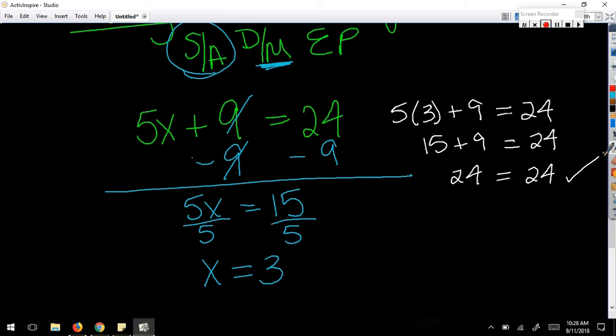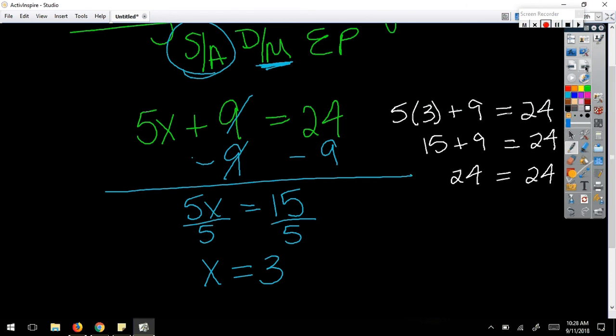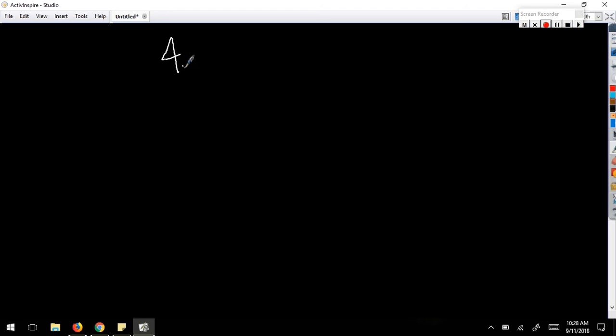Everyone see? Let's do another: 4y minus 4 equals 16. I'm changing your variable up a little bit.